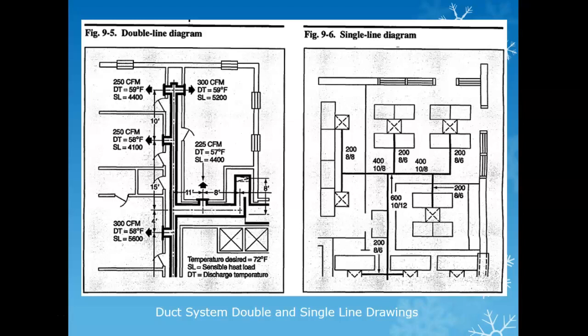You've got it coming up here and splitting here. It's got the lengths and widths of everything, showing you exactly where everything is supposed to be. A single line drawing says much the same thing, but in a different sort of language, you could say.